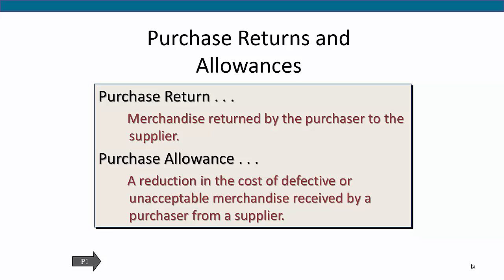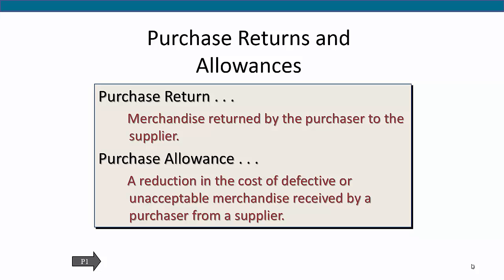In addition to purchase discounts, merchandisers also have to deal with returns of inventory and allowances. Now, purchase returns refer to merchandise a buyer has acquired but then returns to the seller. And a purchase allowance is a price reduction given to the customer because of some sort of quality issue, like a frayed hem, for example, on a pair of jeans.